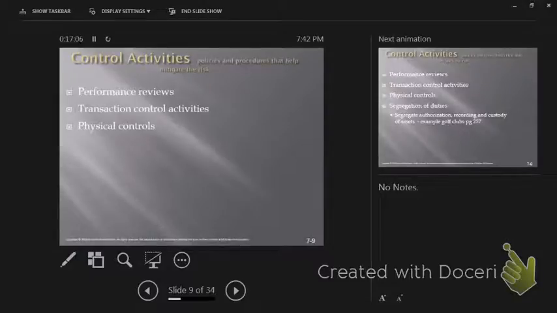What physical controls are in place? Well, here we could be talking about controls over checks and writing checks. If we're in a very small environment, the same person that writes the checks is also the same person that controls the checks, but they can't sign the checks.